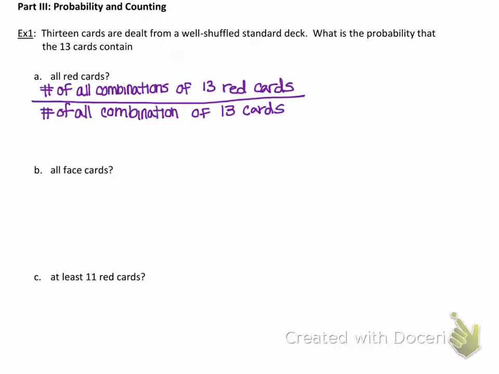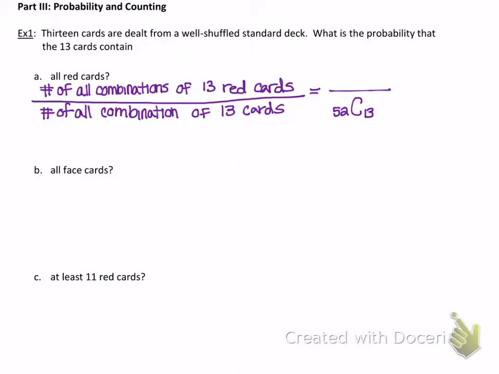It's not just choosing 13, it's choosing 13 that are also red. So we're going to take that part over all the choices if we were to choose 13 in general. I'm going to start with the denominator. We have 52 cards, and we want to choose 13 from that. So that's the total, any 13 cards from 52.